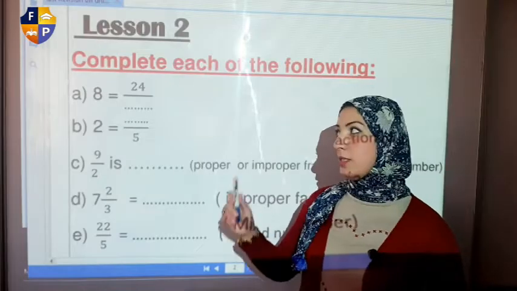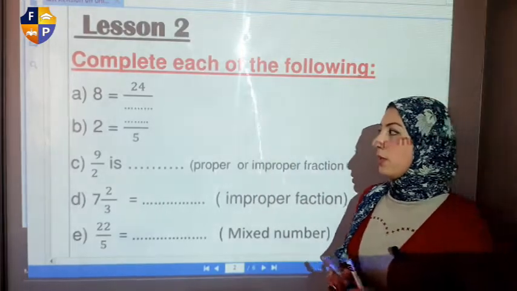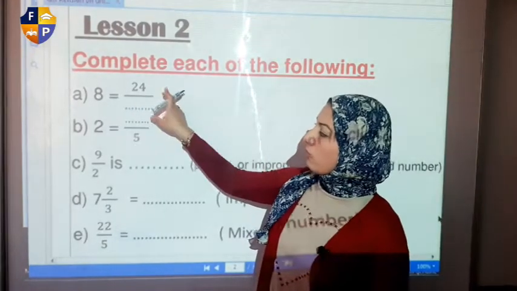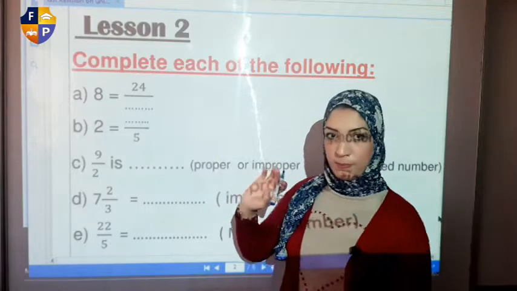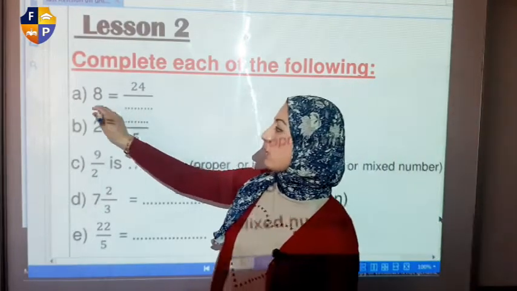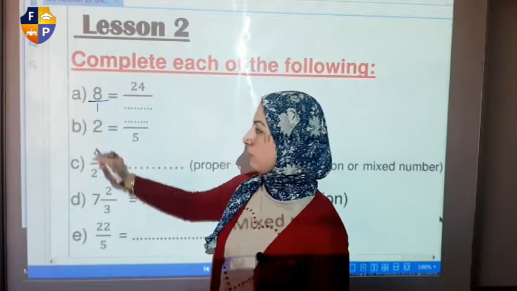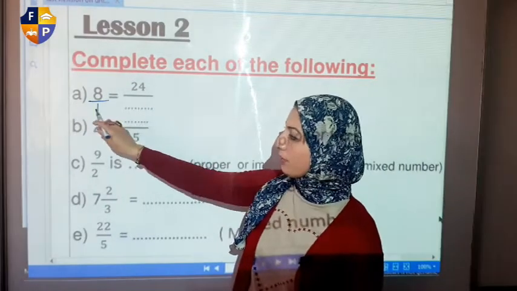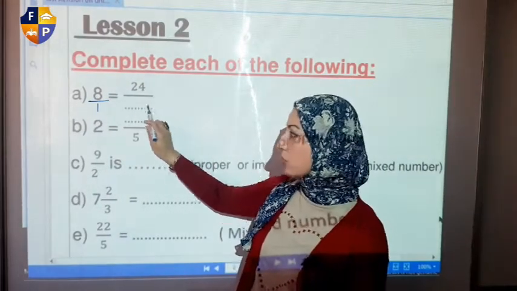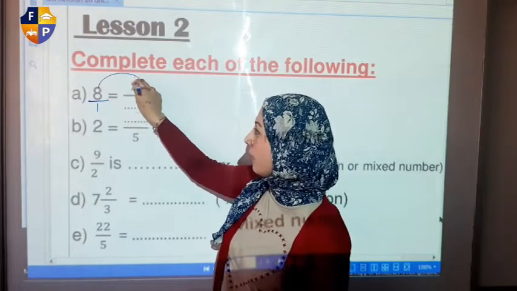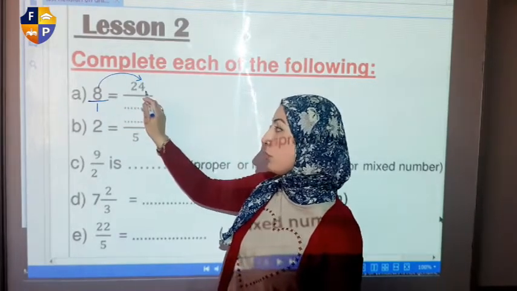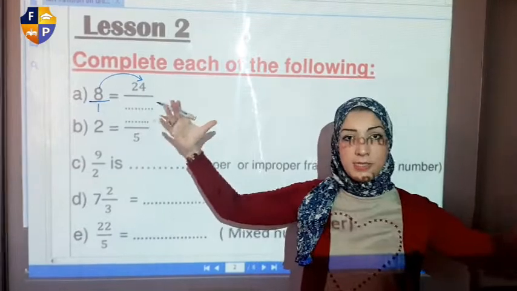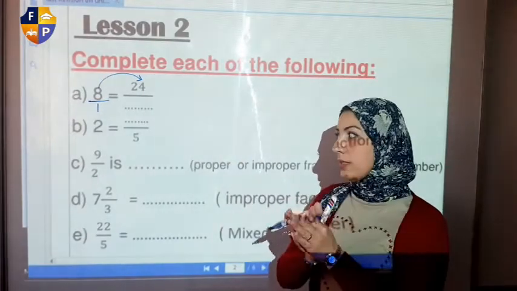Next page, which is lesson 2. 8 equals 24 over what? Here we will write 8 over 1. So here do we start from up or down? For sure we start from the numerator. 8 becomes 24. So does 8 increase or decrease? 8 increases.